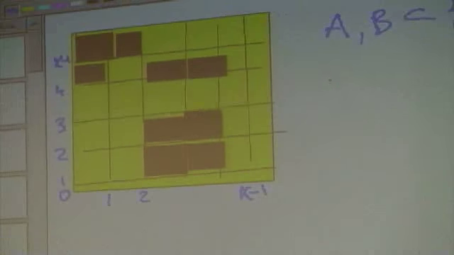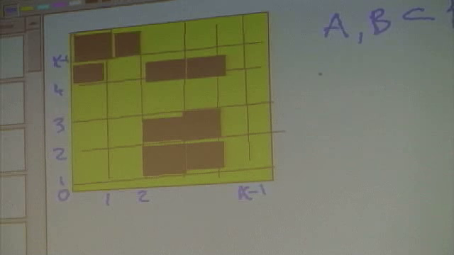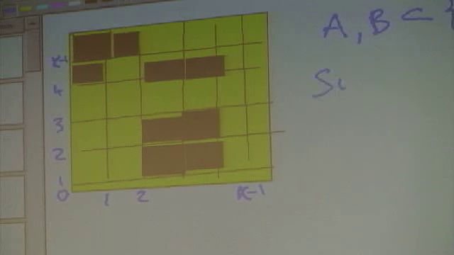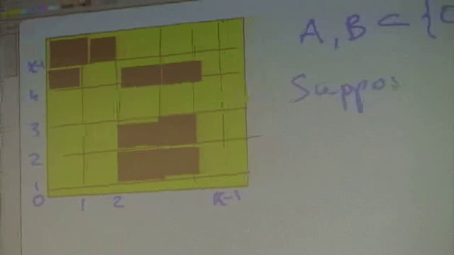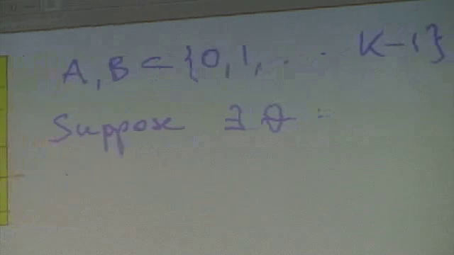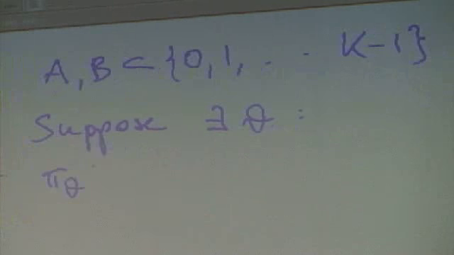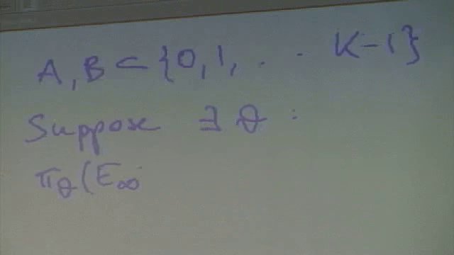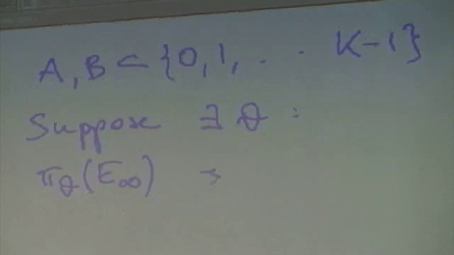I'm first going to explain how things work in an easier case. Suppose that there is a direction theta such that the projection of E infinity in that direction is a line segment.